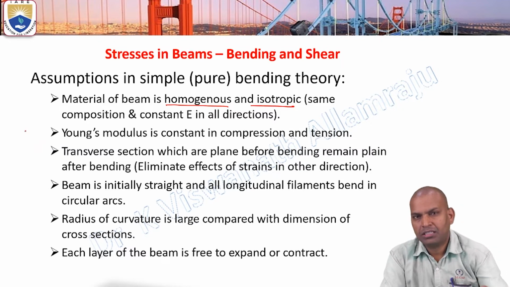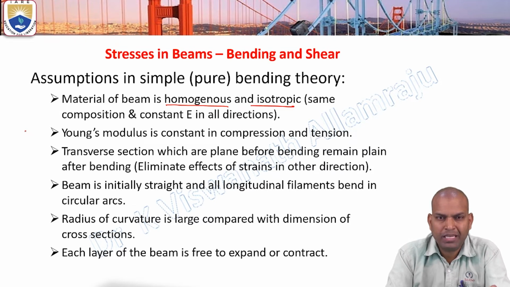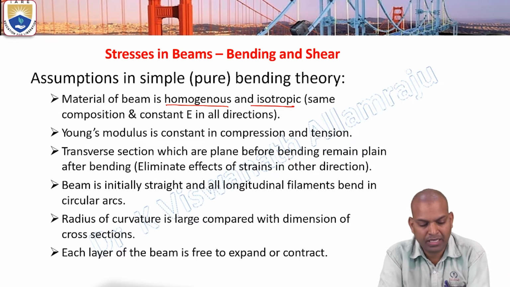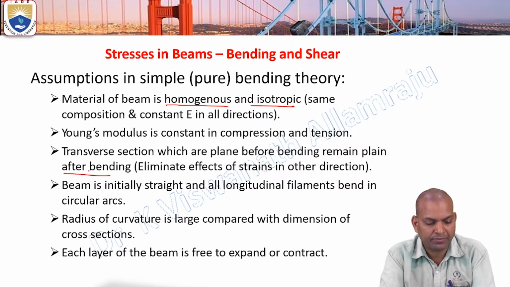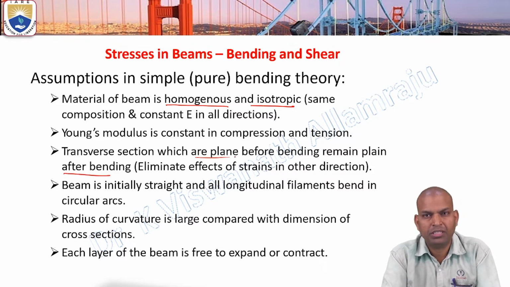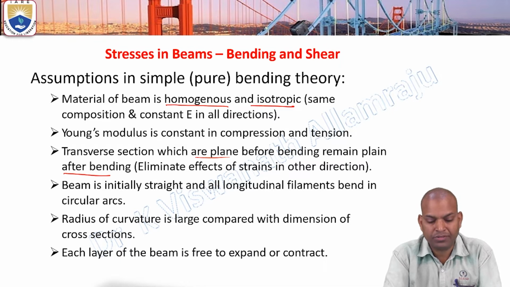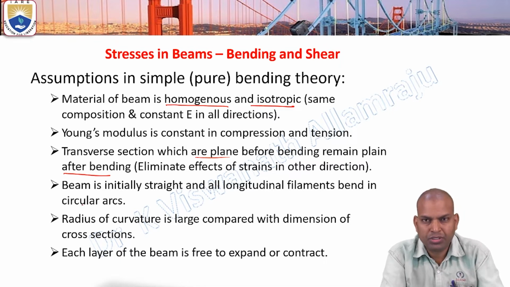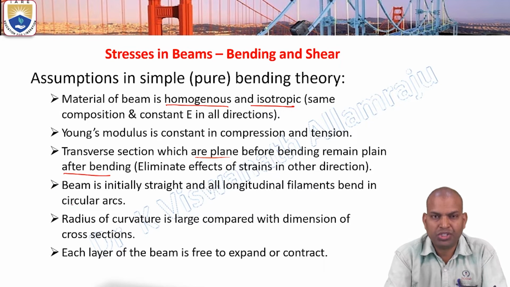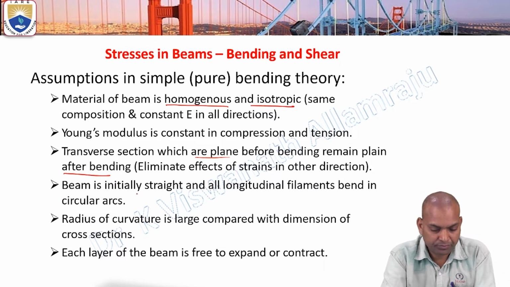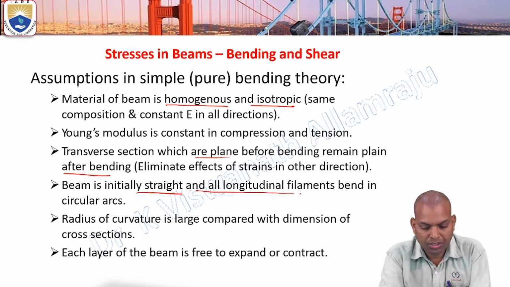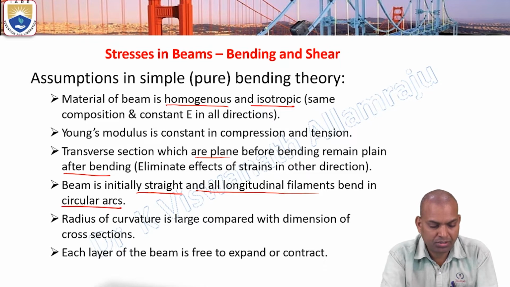The transverse sections which are plane before bending remain plane after bending. There is no effect. Another assumption we make is that the beam is initially straight and all longitudinal filaments bend in circular arcs.